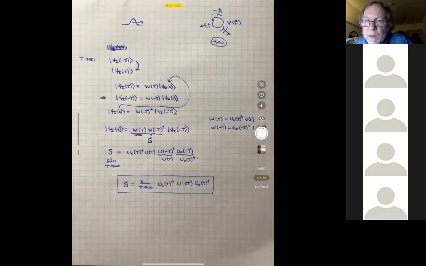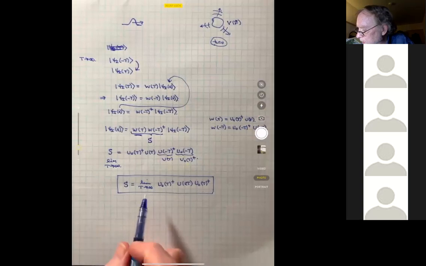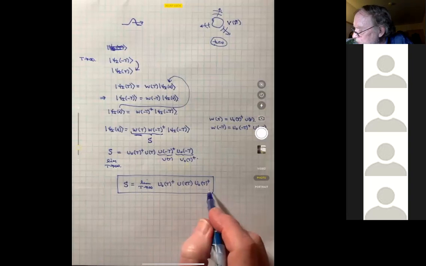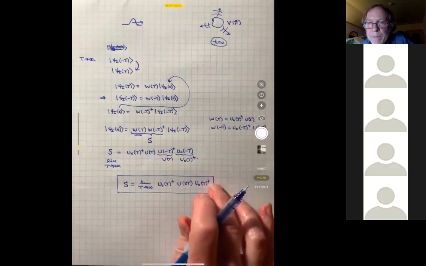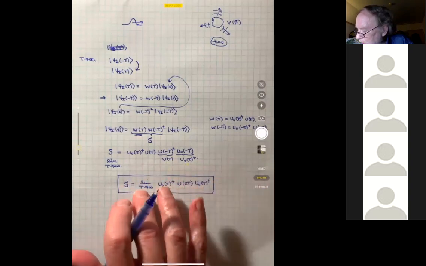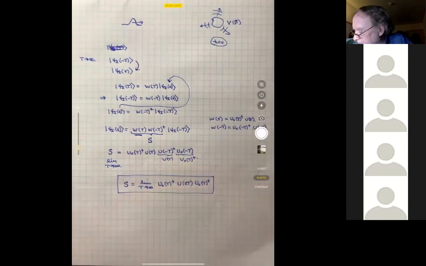So that applies for both large positive and negative times. Applying one and then the inverse of the other just cancels out and gives you nothing. So if this is applied to a wave packet, the limit of this operator acting on the wave packet as T goes to infinity exists.